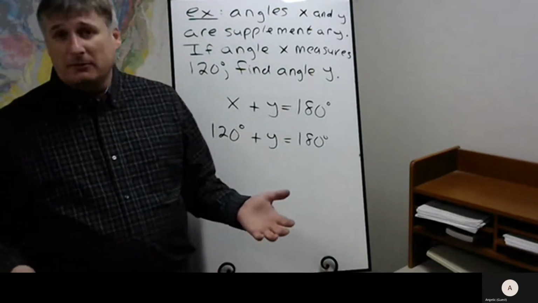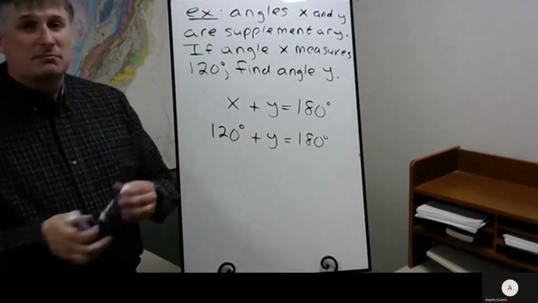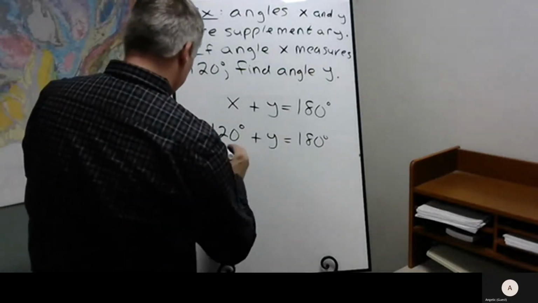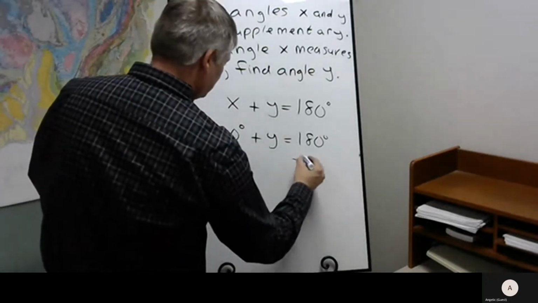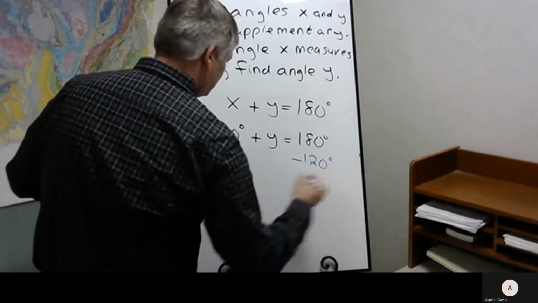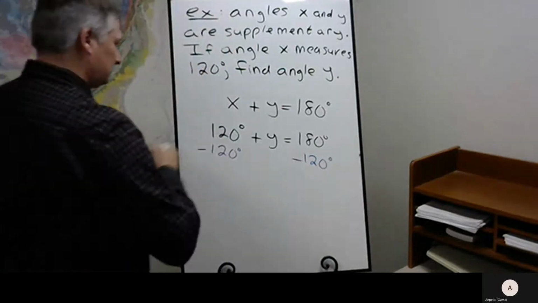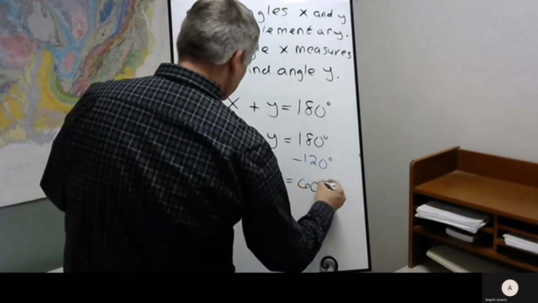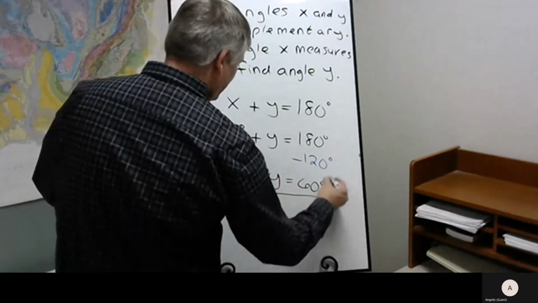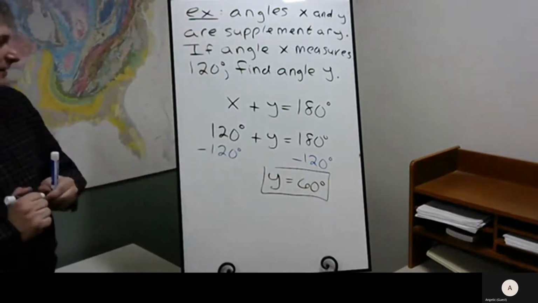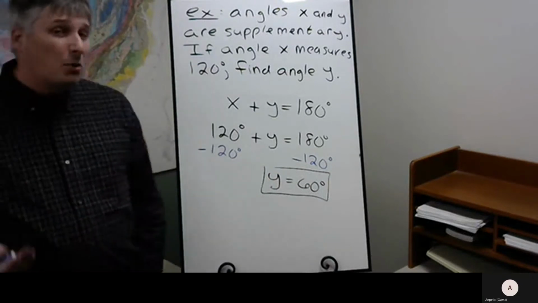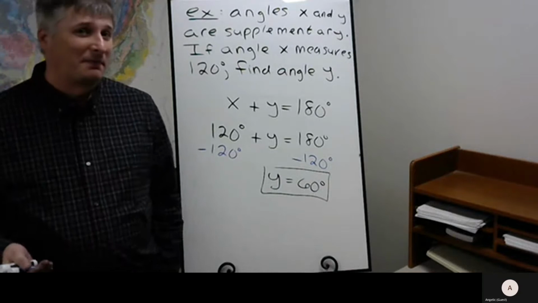And you could figure it out that way. But we can do this method from algebra. So we're going to find out that angle Y is 60 degrees. So any questions about that?